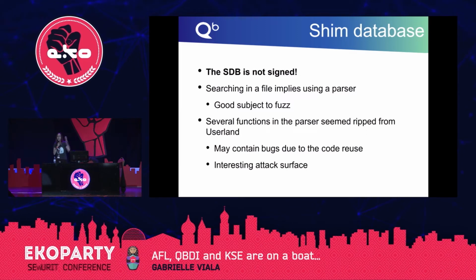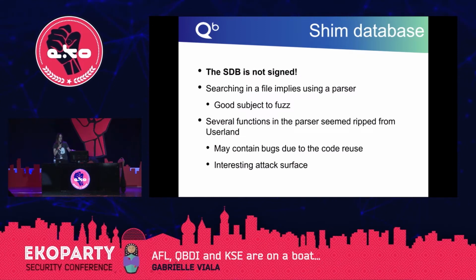Okay, so the SDB is not signed, so anybody with administrator rights can modify it as they want. Plus, searching in a file implies using a parser, and a parser is always good to play with.